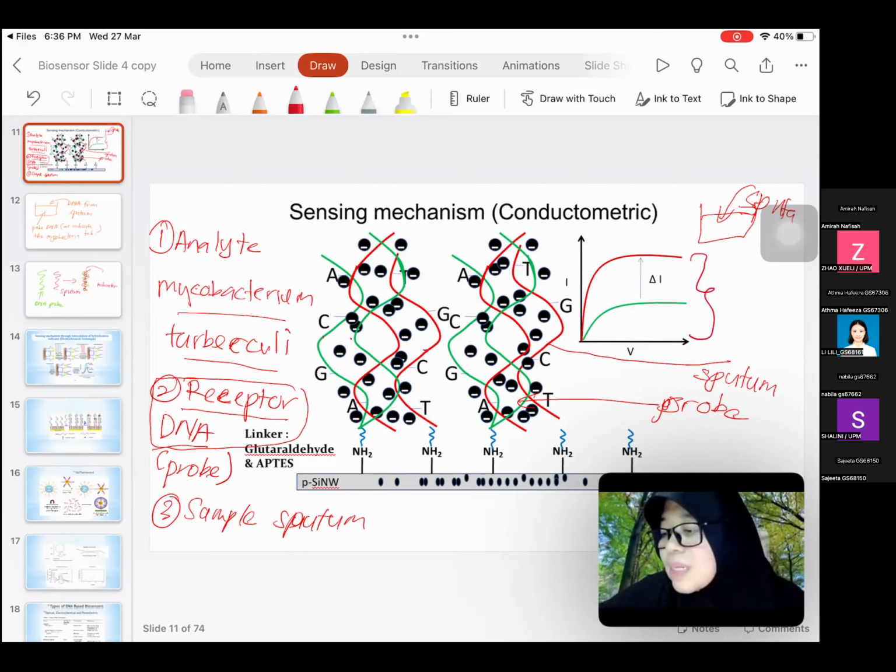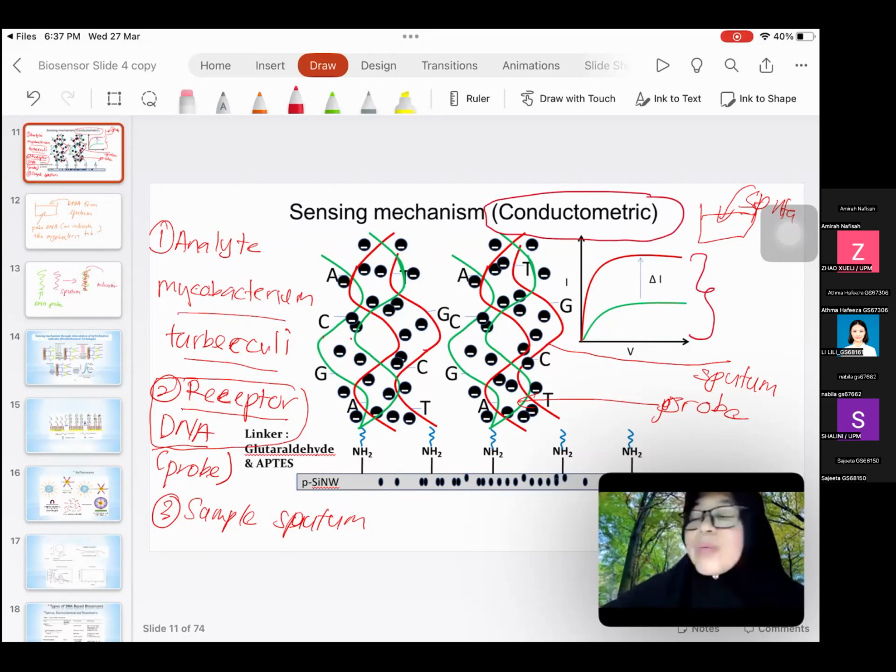In this case, the transducer is conductometric. Okay, so I hope that you understand when I say transducer, because I have presented transducers to you. The transducer will translate the interaction into signal.